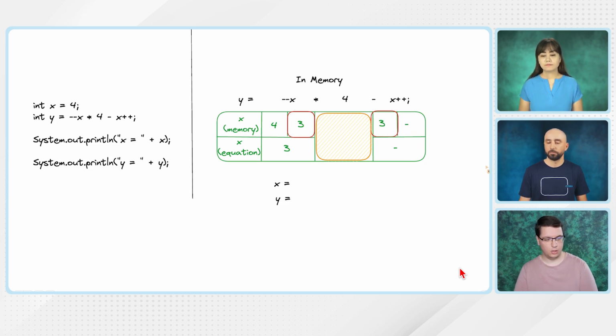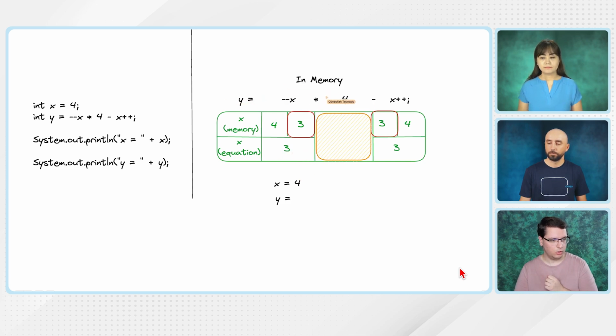So it is 3. I'm going to use this 3 in my equation here, and then when I'm done, I'm going to increase my x to 4, right? So at the end, my x is going to be 4, and my y is going to be the result of this equation.